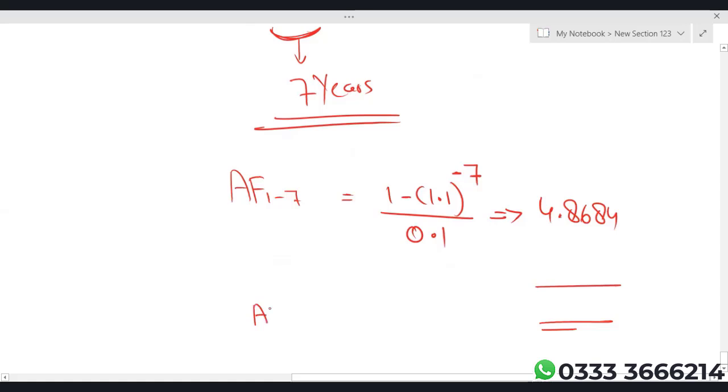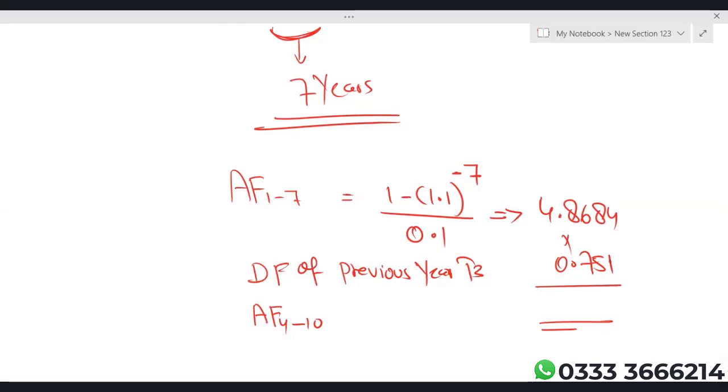I need the annuity from 4 till 10. What comes before 4? 3 years. Look at this. The discount factor of the previous year, means T3, 0.751. Please use your calculator. What are we getting?